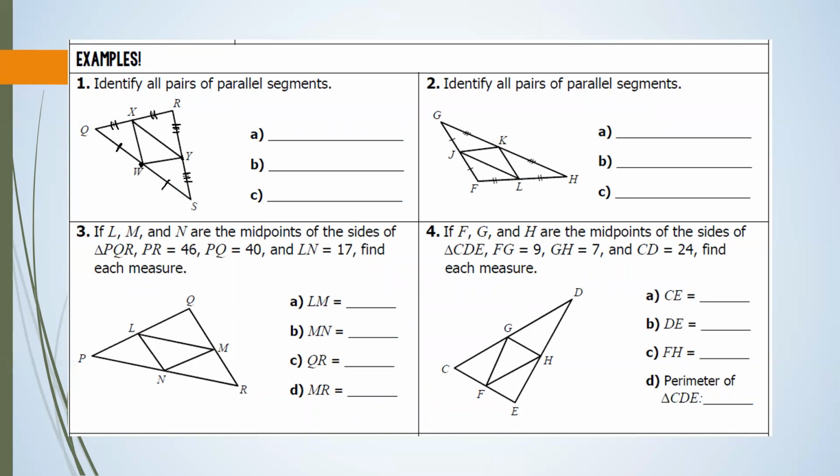So we can say that XY is going to be parallel to QS. And we could say that XW will be parallel to RS.